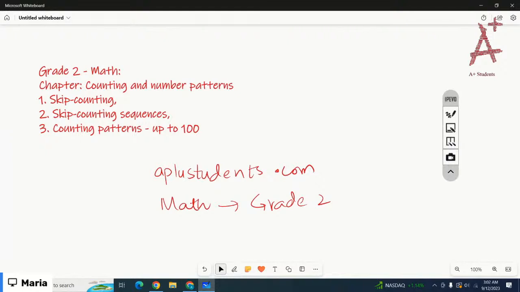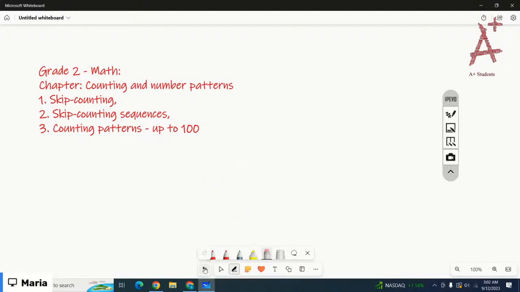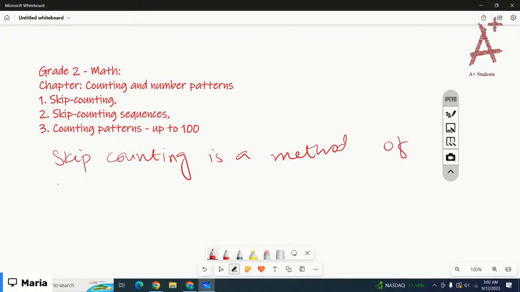So first we are going to see what skip counting is, right? Just listen to me carefully. I'm going to explain what skip counting is. You can even note down the definition. I'm going to write the definition of skip counting on the board. So skip counting is a method of counting numbers by skipping a fixed number, right?